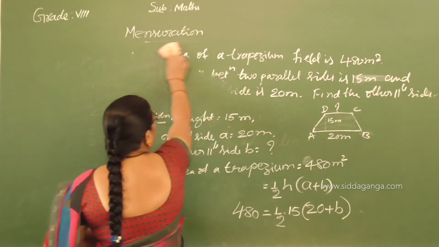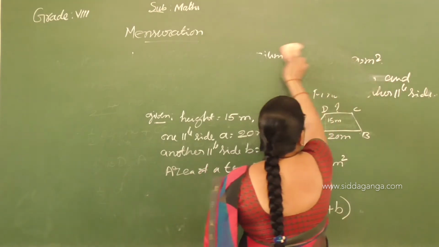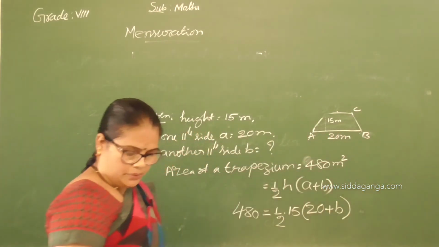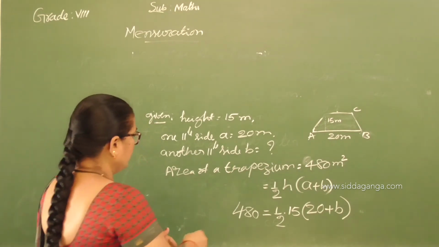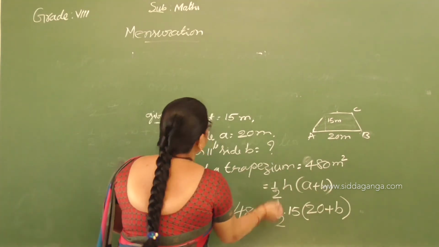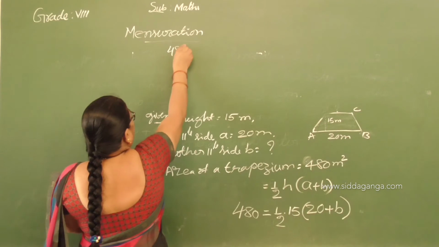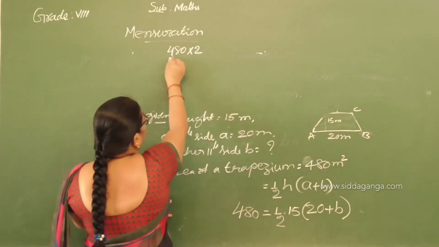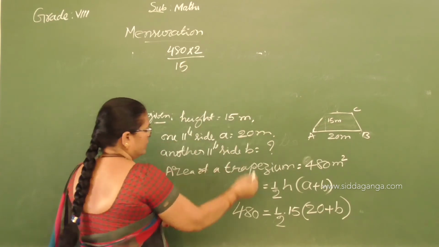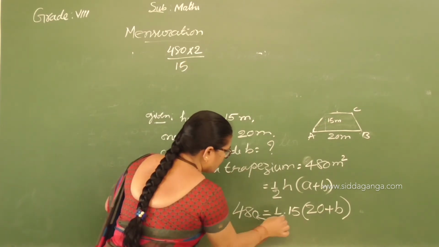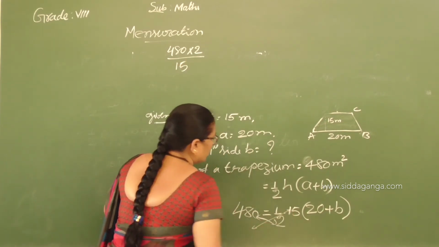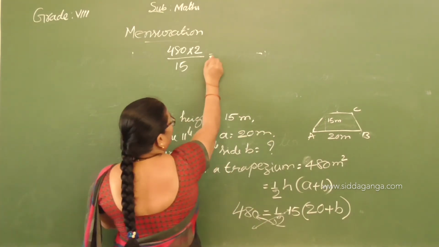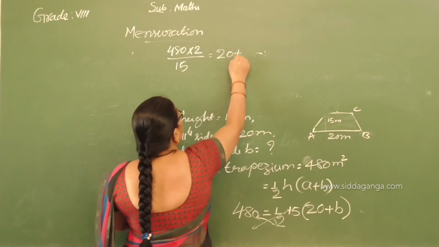Simplify that. By cross multiplication, 480 into 2 divided by 15 is equal to 20 plus b.